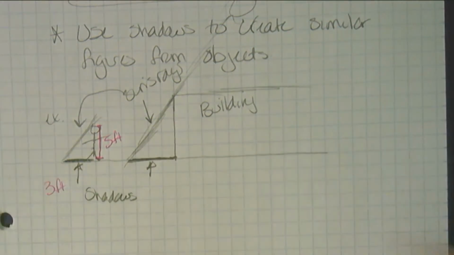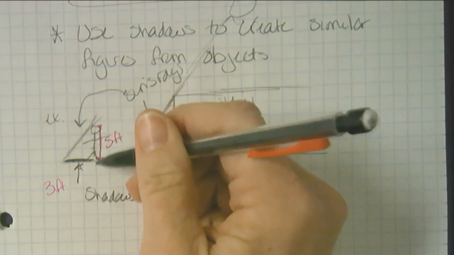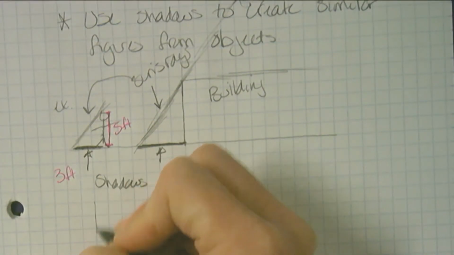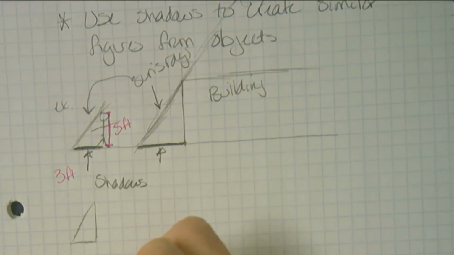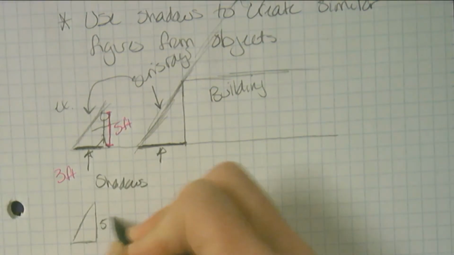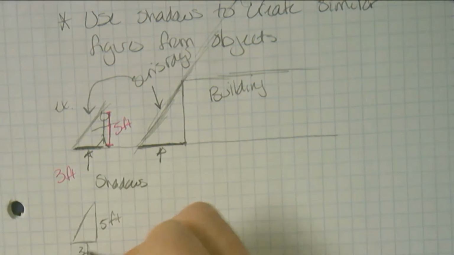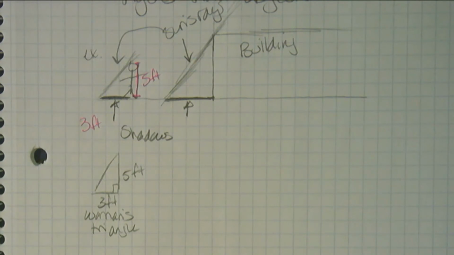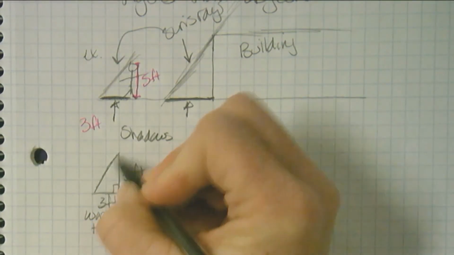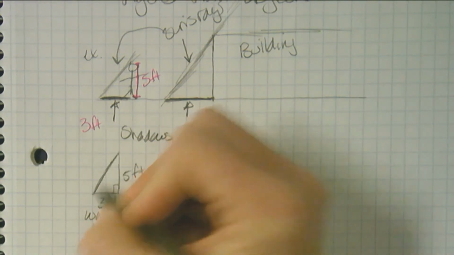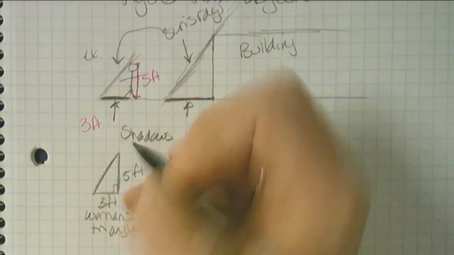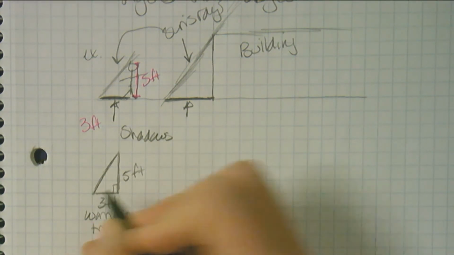Well, if we take a look at what I have now created, I've created this triangle. This is my woman's triangle. That's 5 feet high by 3 feet wide. I have the sun's rays that come down to create that hypotenuse, I have her height as one side of the triangle and the shadow as the other.